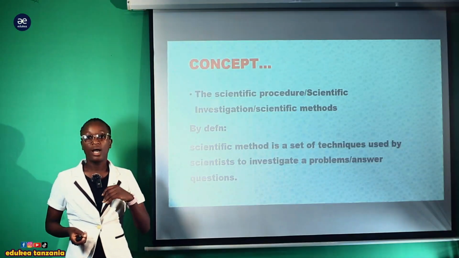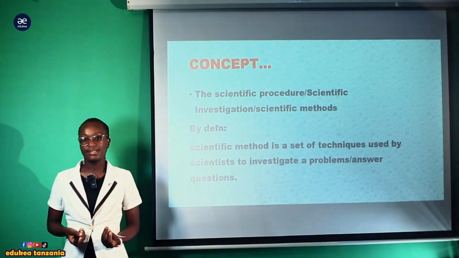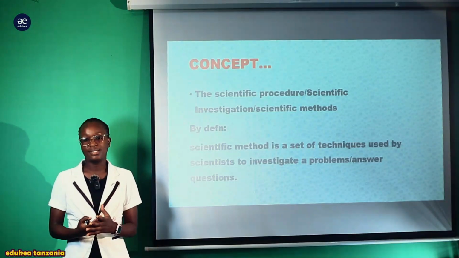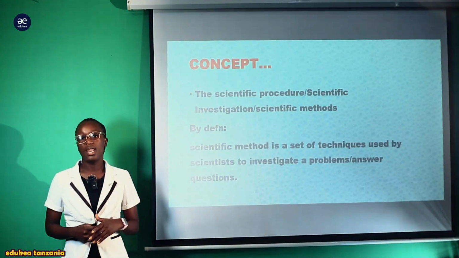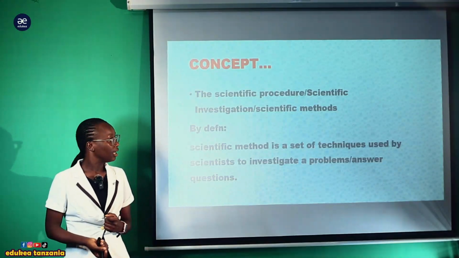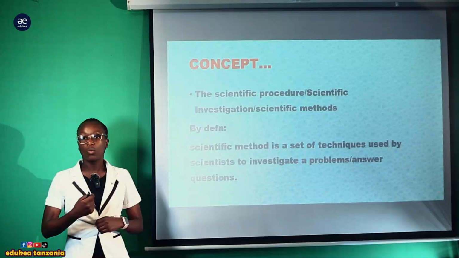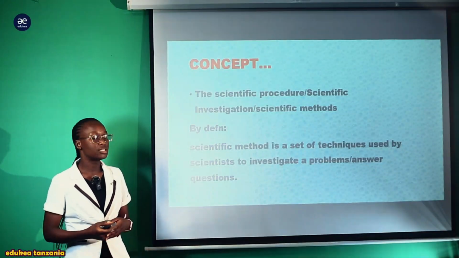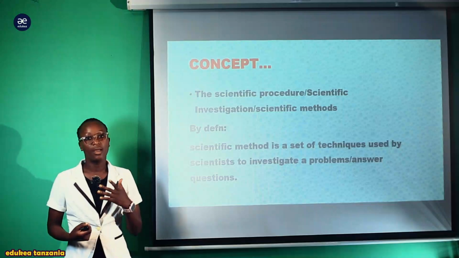Kwamba huu ni uchunguzi wa kisayansi. So ni technique or set of procedures ambazo zinafuatwa na wanasayansi ili kufanya uchunguzi wa matatizo mbalimbali au ili kuweza kupata suluhisho la tatizo fulani. This is what we call the scientific method.